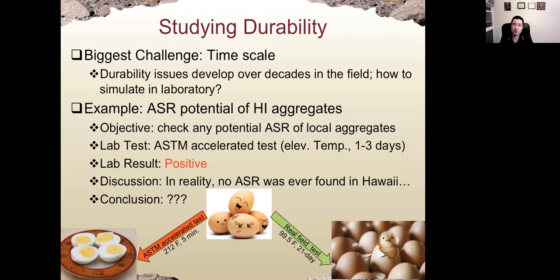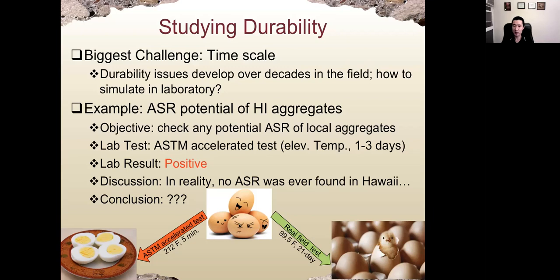This is a real example. Years ago, we wanted to check if a certain type of Hawaii aggregate has a potential for ASR, alkali-silica reaction. ASTM has a certain type of test. This test is a so-called accelerated test.